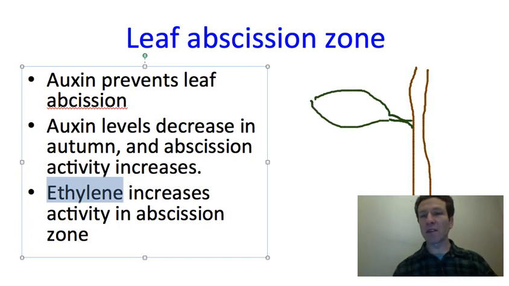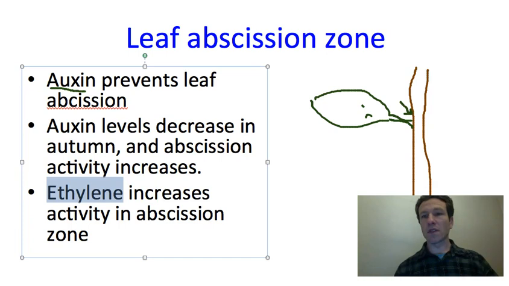Now, abscission happens at the very base of the petiole, so somewhere down in this area. The arrow should be pointing right here. And abscission will not happen so long as there's a high supply of auxin right here. So remember that auxin, and we'll just color code auxin as being green, is being made throughout the leaf.